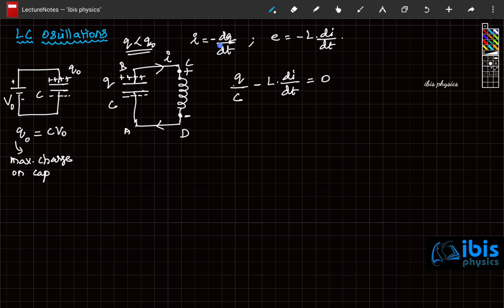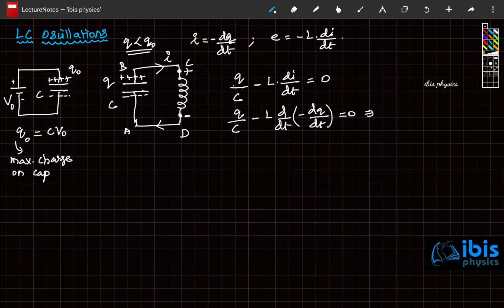But we know I is minus dq by dt. Let's substitute it here. Q by C minus L into d by dt of minus dq divided by dt equal to 0.